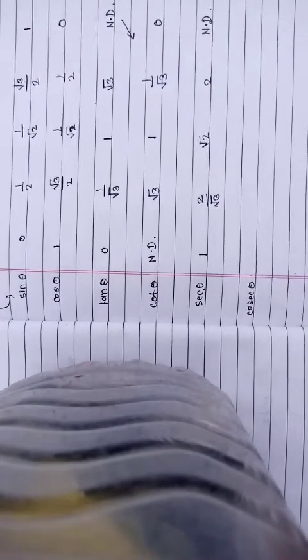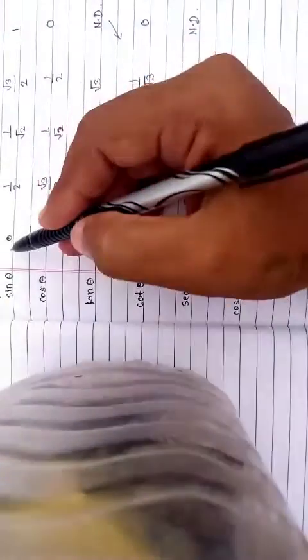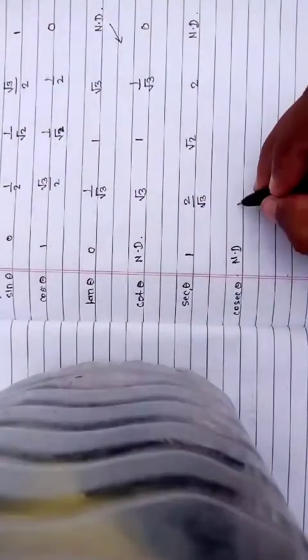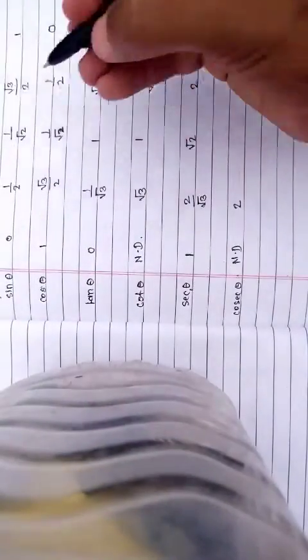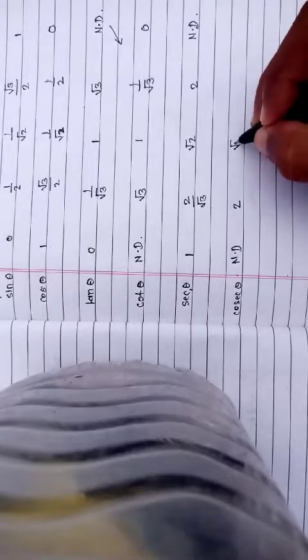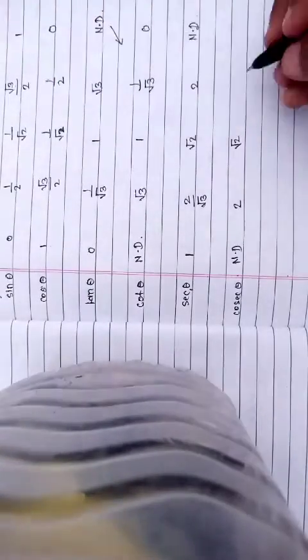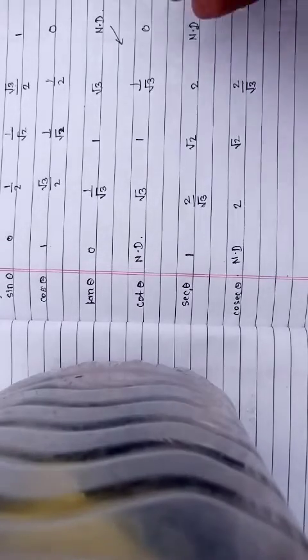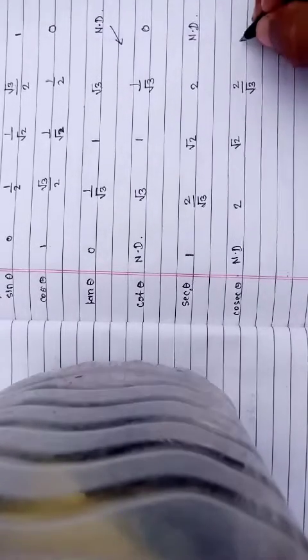Now cosec theta is the reciprocal of sin theta. The reciprocal of 0 is not defined, then 2, then root 2, then 2 upon root 3, and the reciprocal of 1 gives 1.